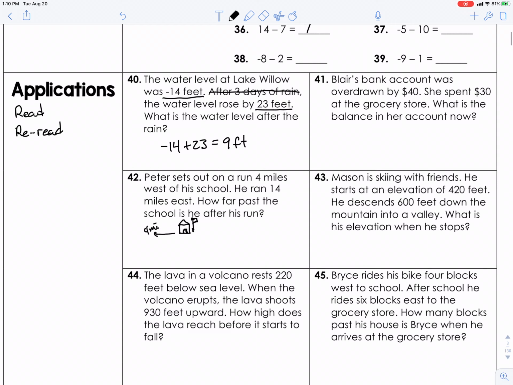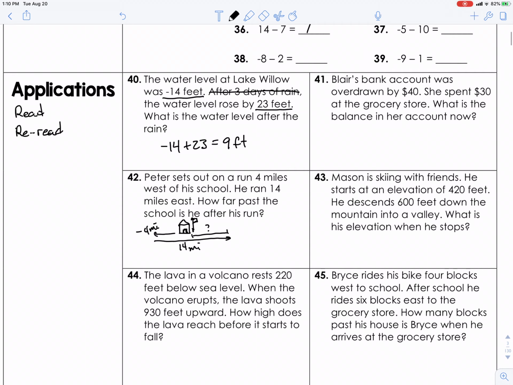Then he ran 14 miles east, so that means he ran all the way from this 4 miles this way. 14 miles. So we got to go basically -4 plus 14 to see how far he was. We want this distance here. Okay, that's the distance we want. I'm going to put a little question mark. That's where we want to know. How far past the school was he?